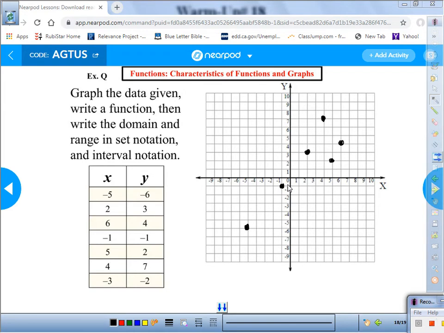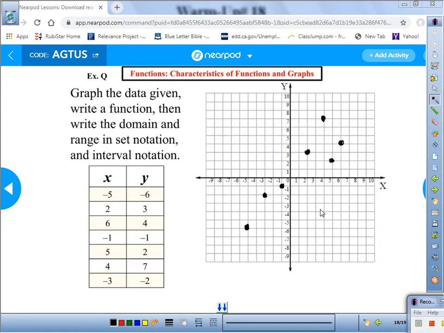And -3, -2 is right there. All right? So far, so good? Let me make this point again. Hold on. -3, -2. There it is. All right. Angela, you got something like that so far?